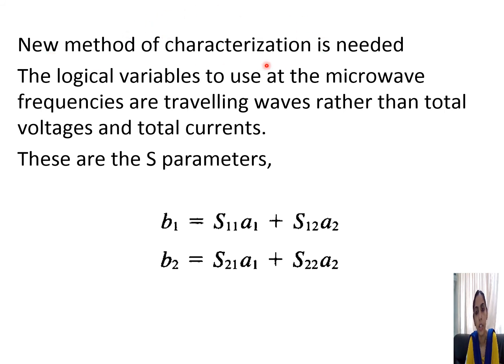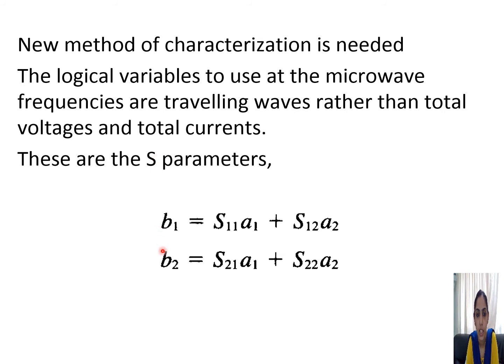Another important thing to understand is that at microwave frequencies, we always consider the traveling waves, that is, our propagating electromagnetic wave, rather than the total voltages or total currents. When we consider these traveling waves, we use a logical variable, the S parameter, to represent our microwave circuit.